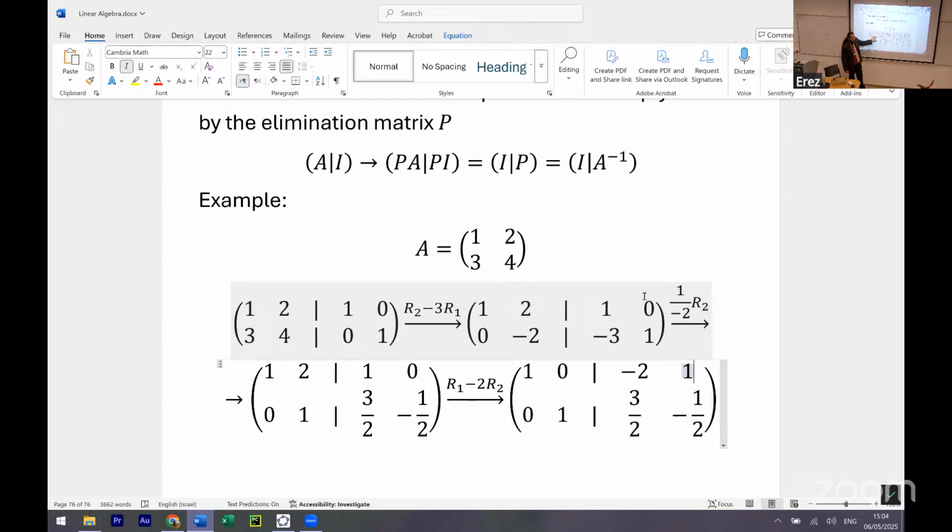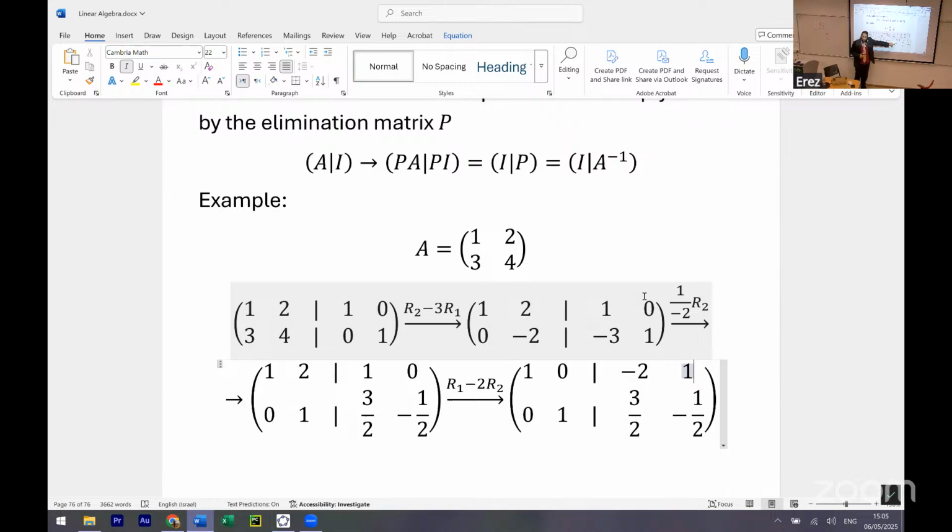I started with the A and the identity matrix. All of the operations put together are equivalent to multiplying by P. P is the multiplication of 3 matrices, the one that does this operation to the right, then this to its left, and this, and then this to the most left. So altogether they are P. And when I multiply A by P, I get the identity matrix.